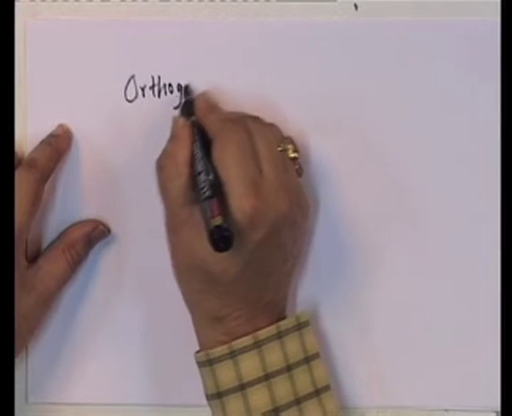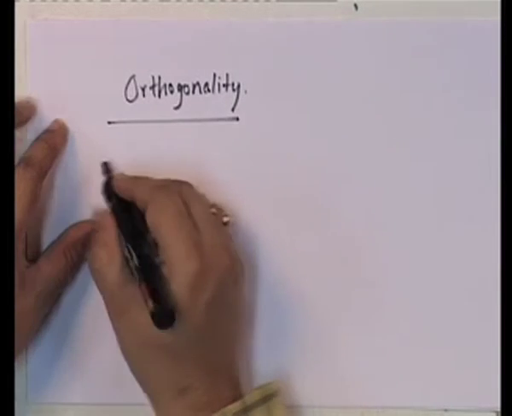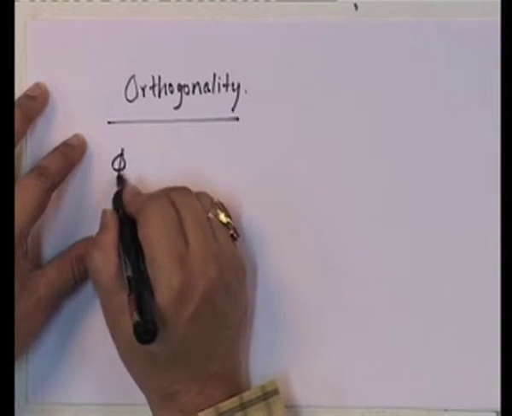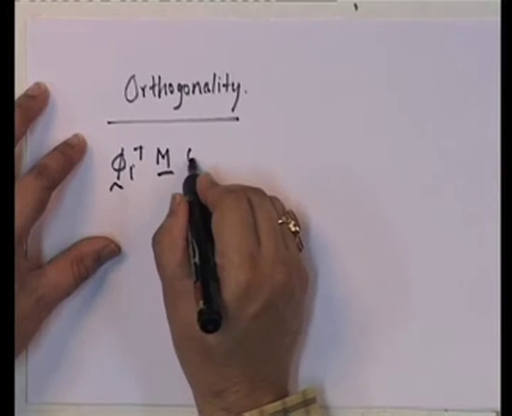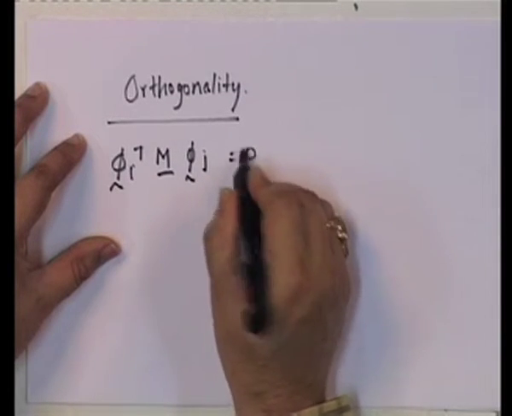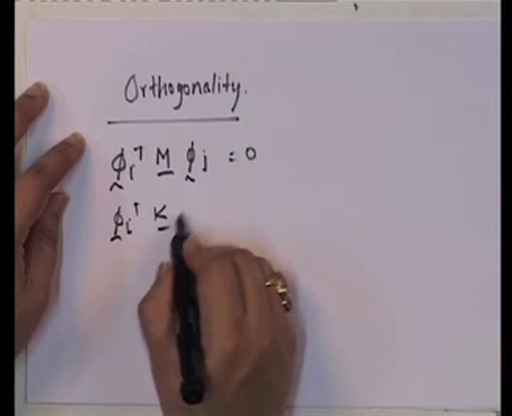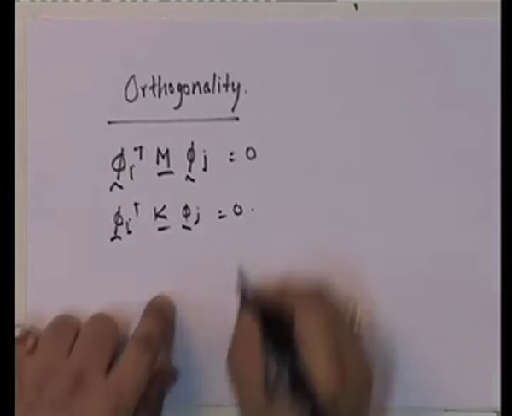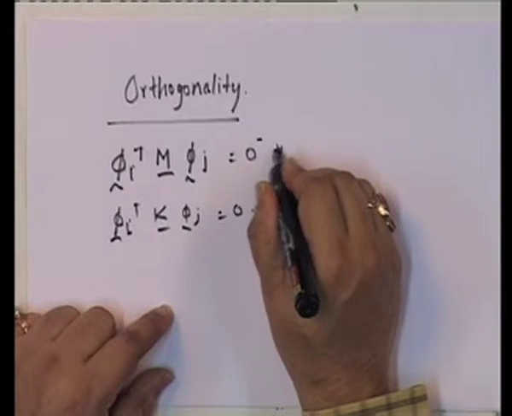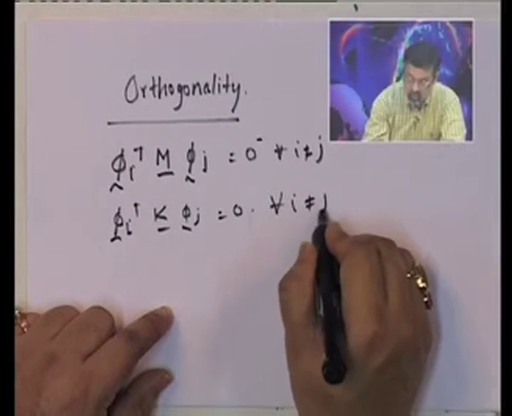The fact that phi i transpose M phi j is equal to 0 and phi i transpose K phi j is equal to 0, these properties hold for all i not equal to j.